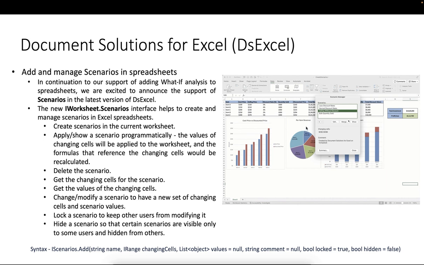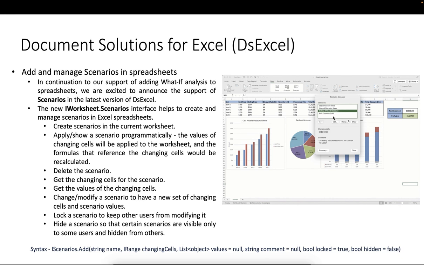So in the last release, we had introduced the ability to programmatically add goal seek to spreadsheets. Goal seek is also one of the tools of what-if analysis. And in continuation to this support of what-if analysis, we are now adding support for adding scenarios. A scenario in Excel is a set of saved input values for specific cells.